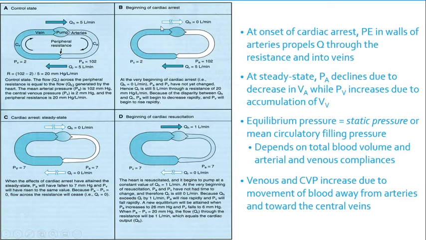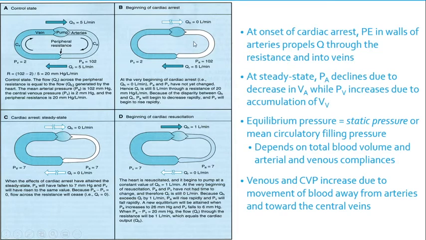But if the heart stopped beating, this would turn QH to 0. This is cardiac arrest. What's going to happen is the blood flow that was coming out of the heart right before the cardiac output went to 0. Remember that the elastic properties of the arteries store some of that potential energy, and that recoil allows blood flow to continue shortly after the heart stops.